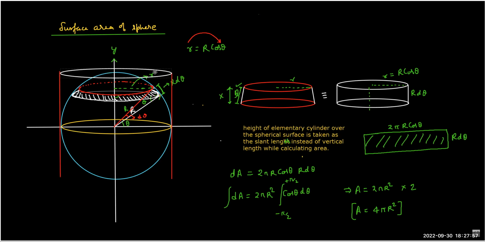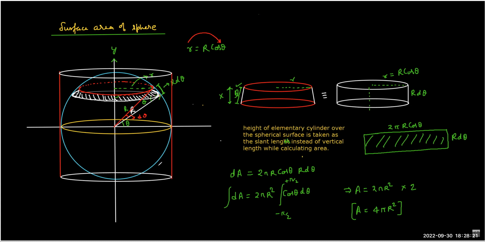If you take the shadow of this sphere over the wall of the cylinder, tell me what is the surface area of the cylinder? Because it is just packing this sphere.